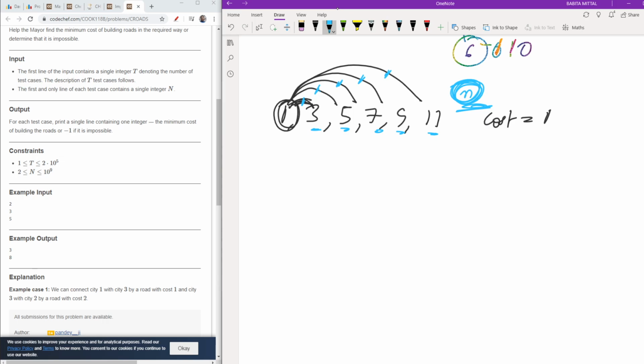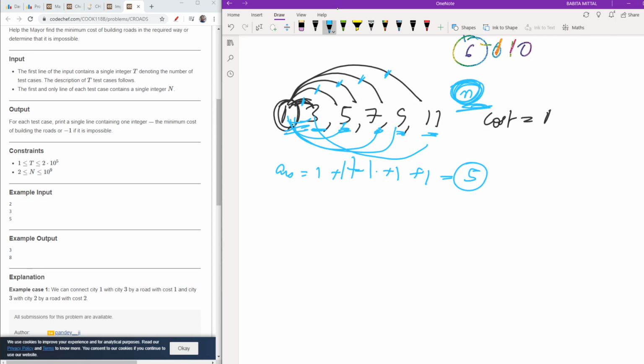Because the minimum cost for this is 1, so the answer is 1 for the 1 5, plus 1 for the 1 7, 1 for the 1 9, 1 for the 1 11, which is 1, 2, 3, 4, 5, the number of numbers after 1.